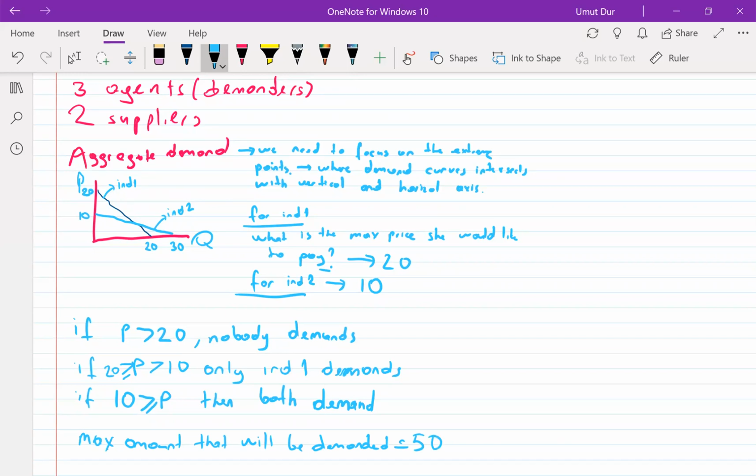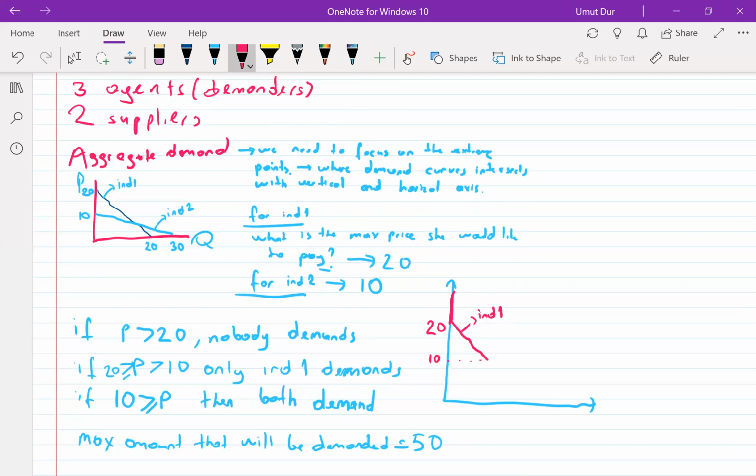So how does this help us to draw the aggregate demand? Let me draw it here, on a different graph. They have no demand up until price 20. After that, we have the same demand curve as individual 1.